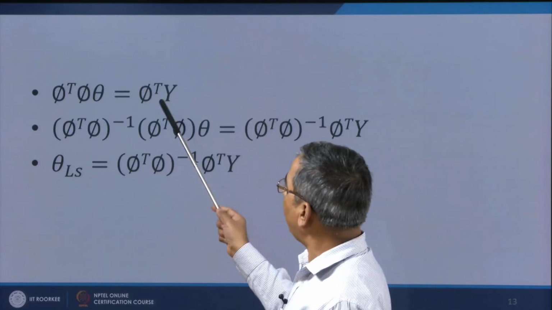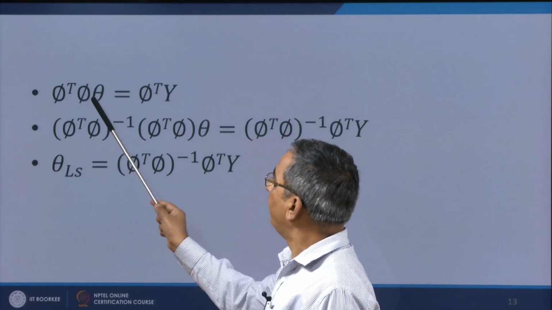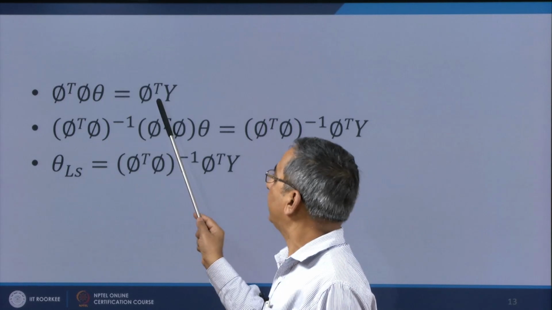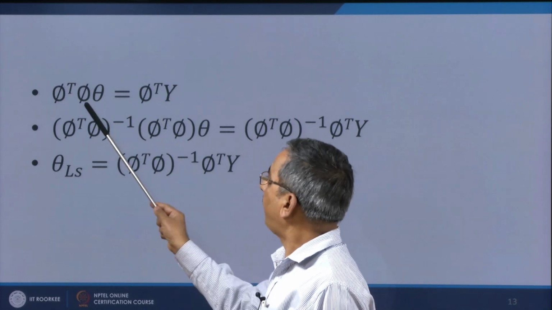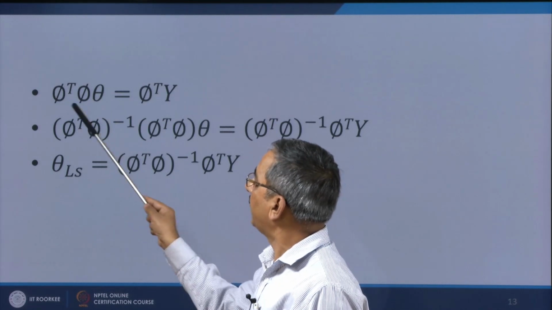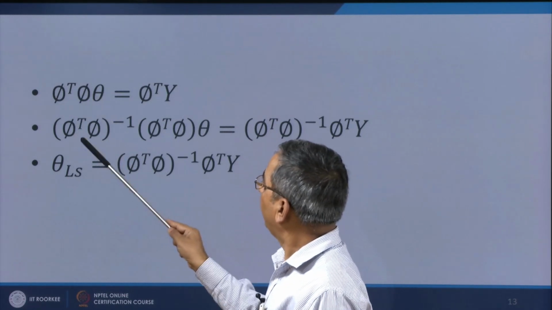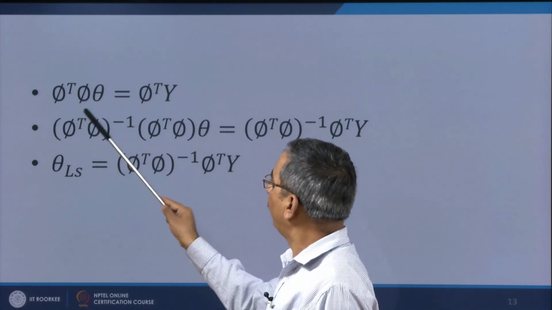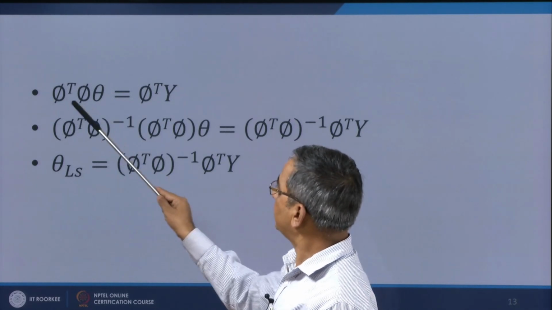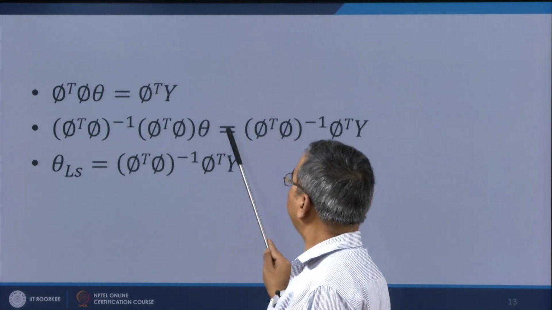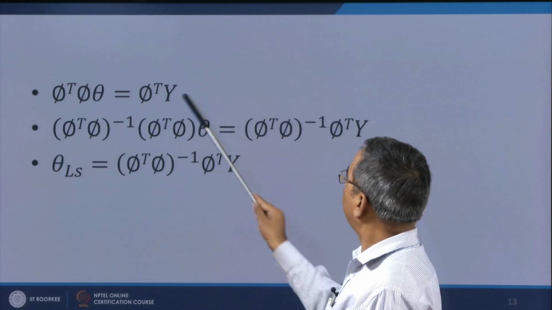So, now what I do is I multiply both sides, that is the left hand side and the right hand side of the equation, by the inverse of this multiplication. So, here I multiply by (phi transpose phi) inverse into the same phi transpose phi into theta, and this will be equal to this.